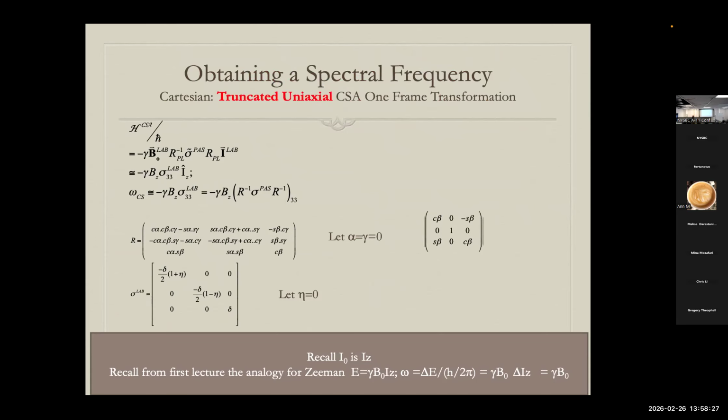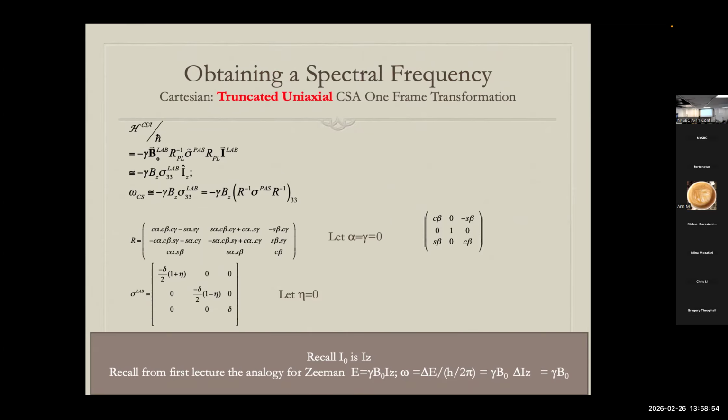Okay, here's the case in the Cartesian coordinates. So jump back to Cartesian just for a minute here. What we need to do to calculate the frequency is to calculate R and R inverse, sigma, R inverse.